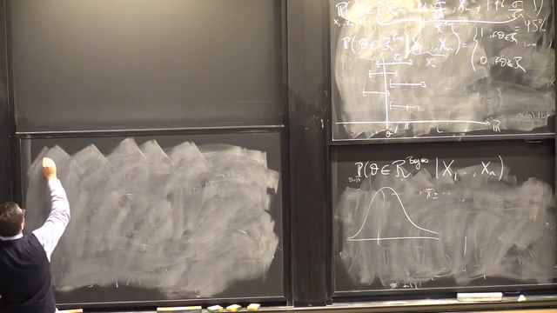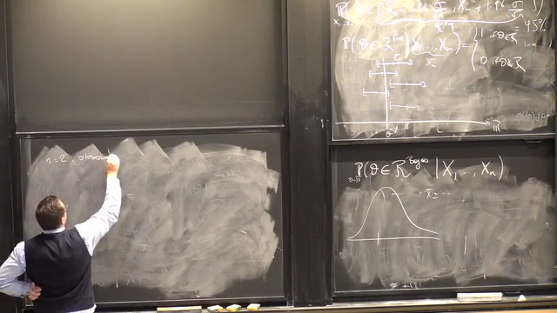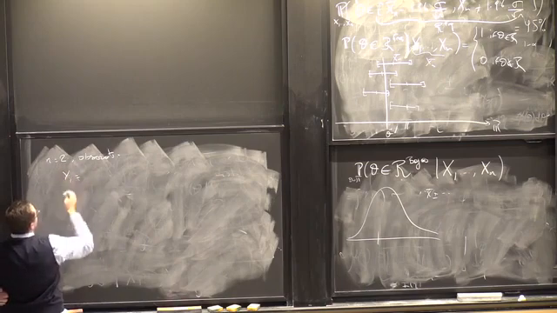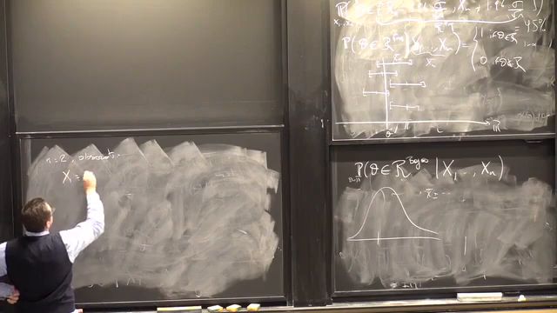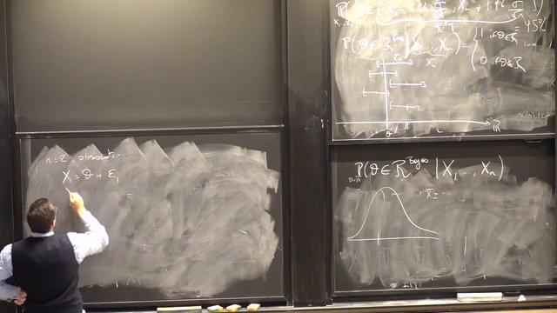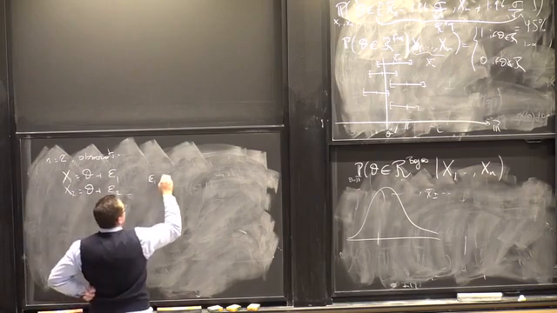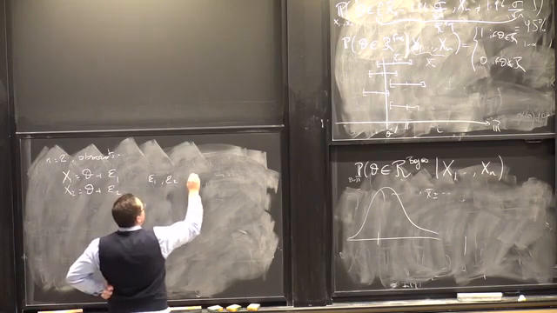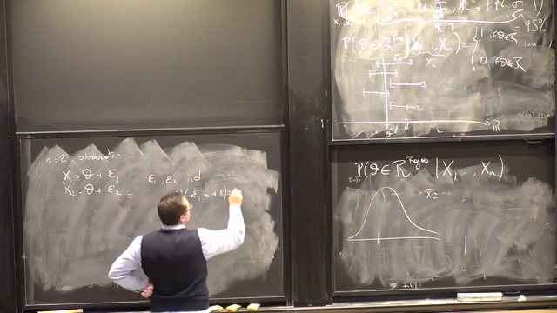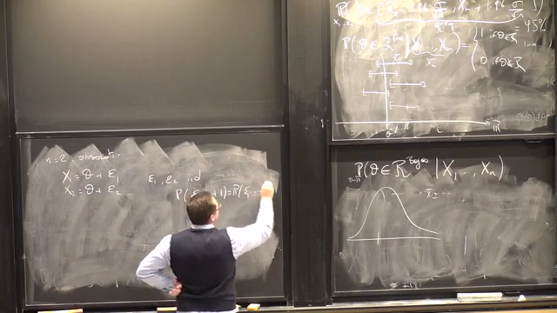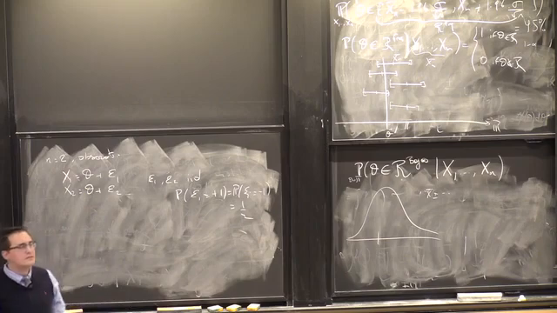Assume that you have n equals 2 observations, x1, which is theta plus epsilon 1, and x2, which is theta plus epsilon 2, where epsilon 1 and epsilon 2 are IID, and the probability that epsilon i is equal to plus 1 is equal to the probability that epsilon i is equal to minus 1, which is 1/2. So it's just a uniform sign, plus or minus 1.